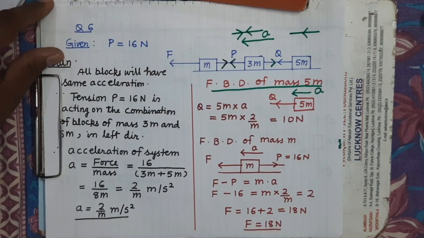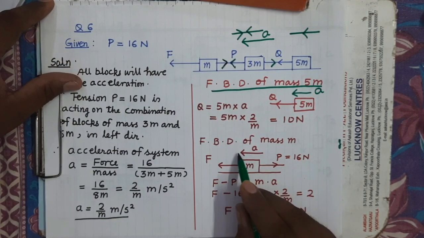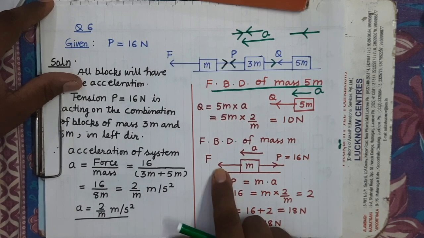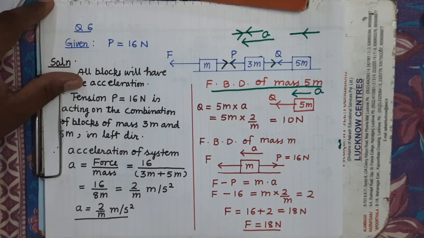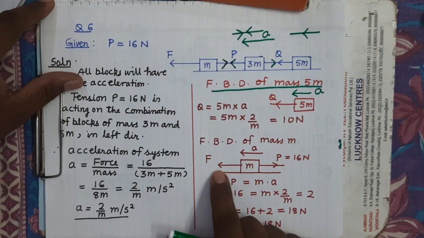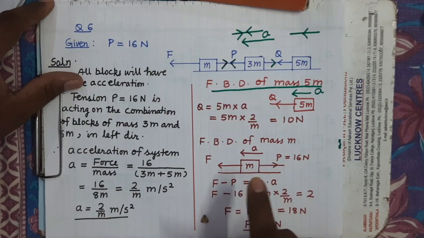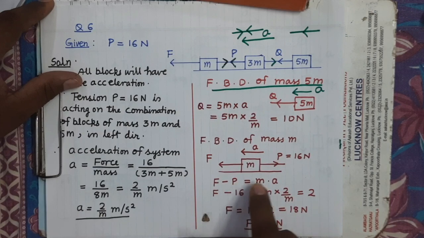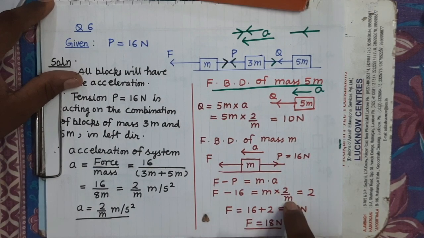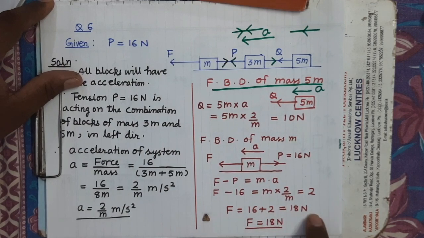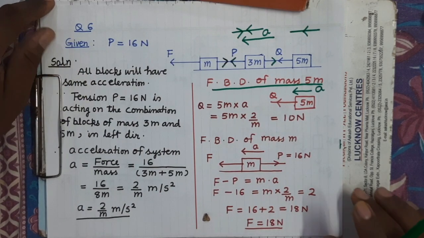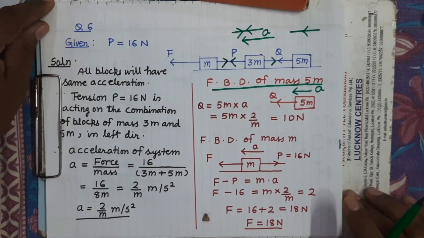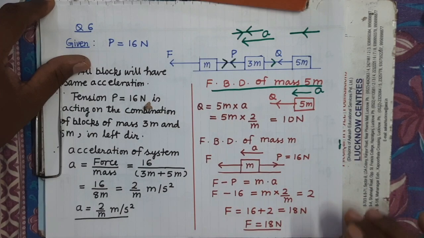Force P is of 16 Newton and it is moving in this direction. Therefore F will be bigger. So what will be the net force acting on mass m? F minus P equals its mass multiplied by its acceleration. F minus P equals m into A. A is given 2 upon m, so m and m cancel, that is 2. So F equals 18 Newton. So this way we can find the F.